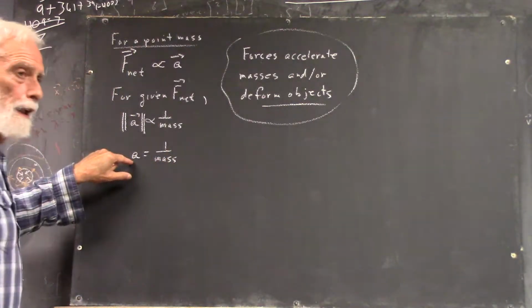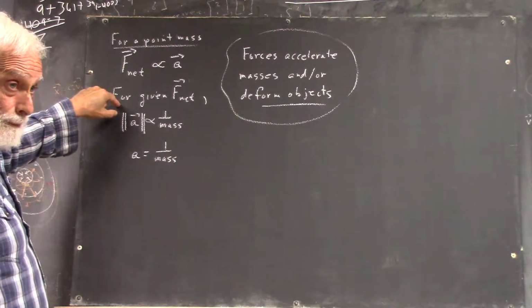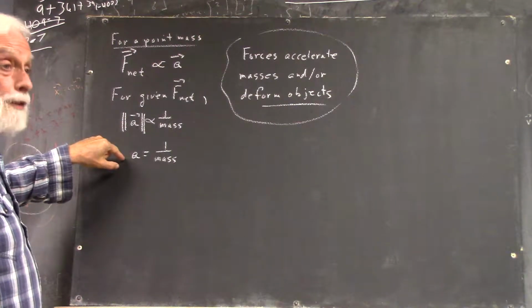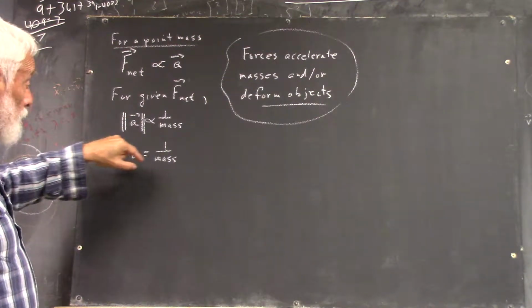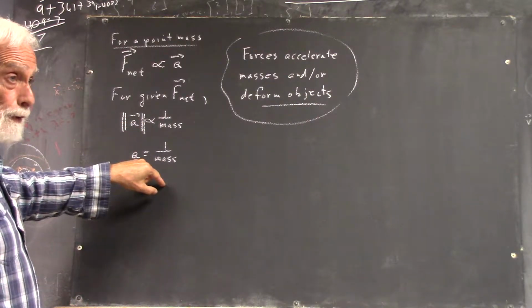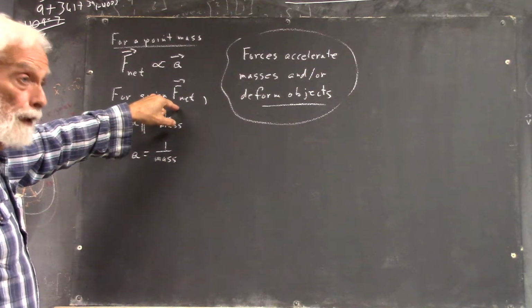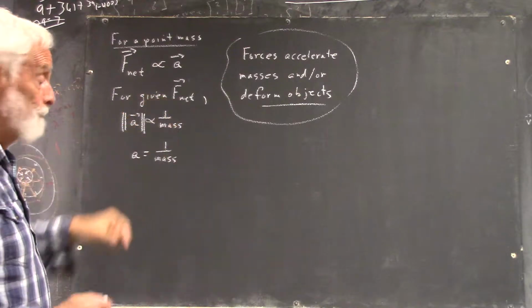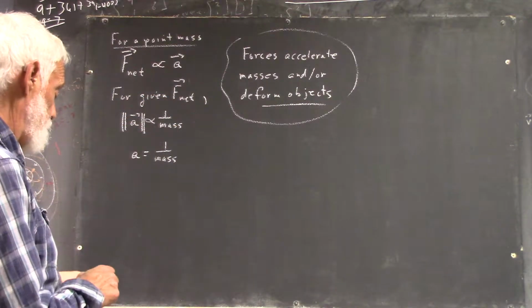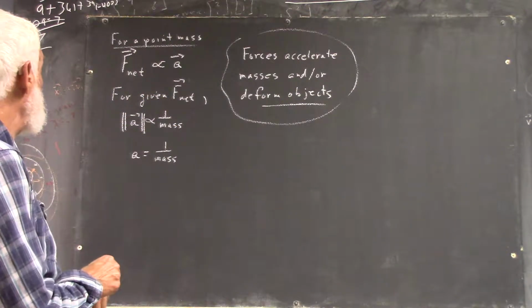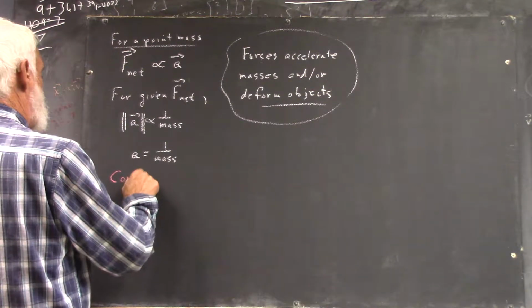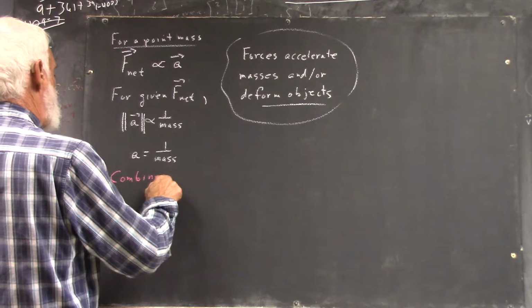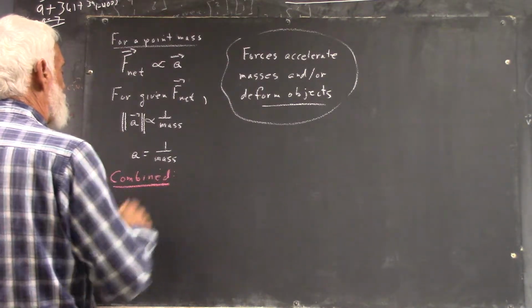If I write A without the arrow over it, that just means the magnitude of the acceleration. And the magnitude of the acceleration is inversely proportional to the mass for a given net force. Combine.